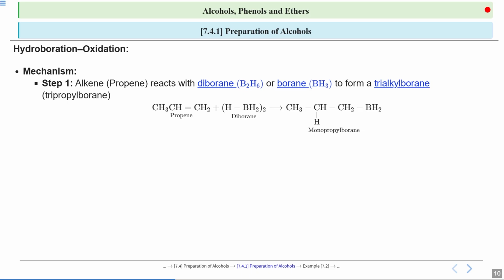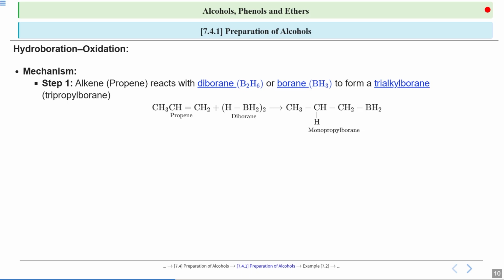So reacting propene with diborane, what will happen? The double bond will be removed. The hydrogen from the diborane is going to attach on the double bonded carbon which is having more number of hydrogens, because the addition will happen via the anti-Markovnikov rule, which is opposite of Markovnikov.